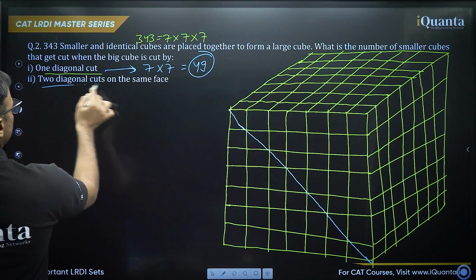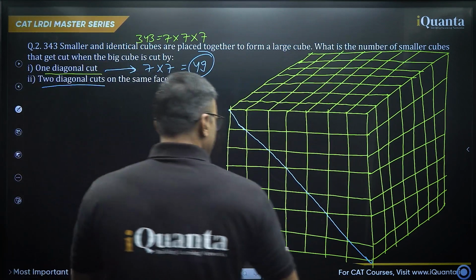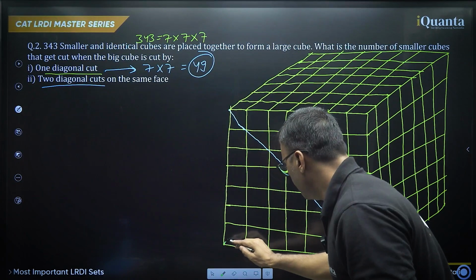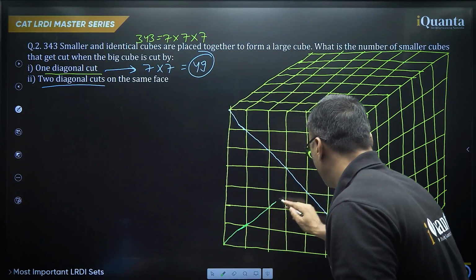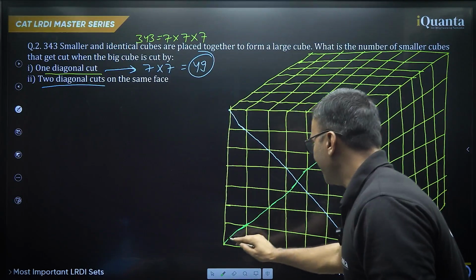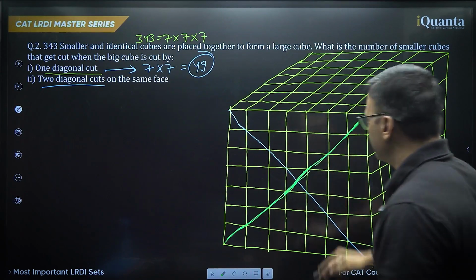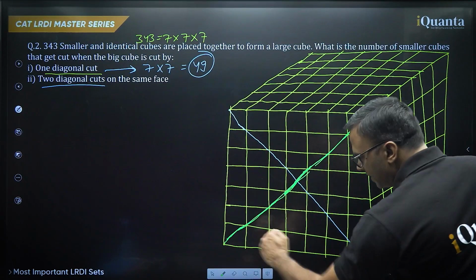What if I put 2 diagonal cuts? Look at this carefully. If I draw the other diagonal, I have taken a little artistic liberty. But in any case, you see, the green one is the other diagonal.